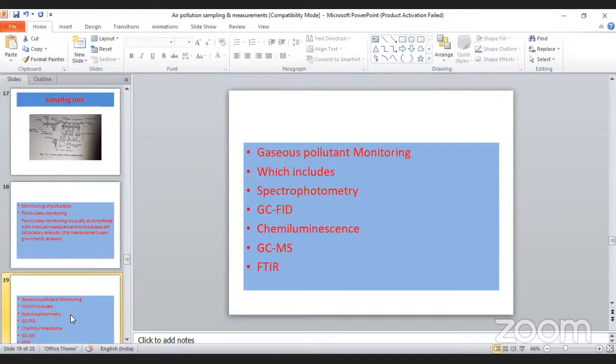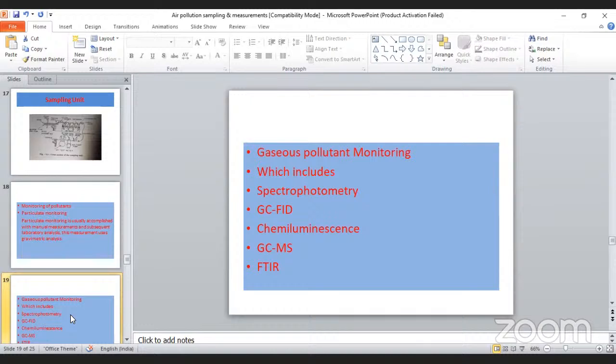Some of the most common techniques to analyze gaseous pollutants include spectrophotometry, gas chromatography with flame ionization detector, gas chromatography with mass spectrometry, chemiluminescence method, and Fourier transform infrared spectrometry, FTIR. These are all very common methods adopted for analysis or quantification of gaseous pollutants.